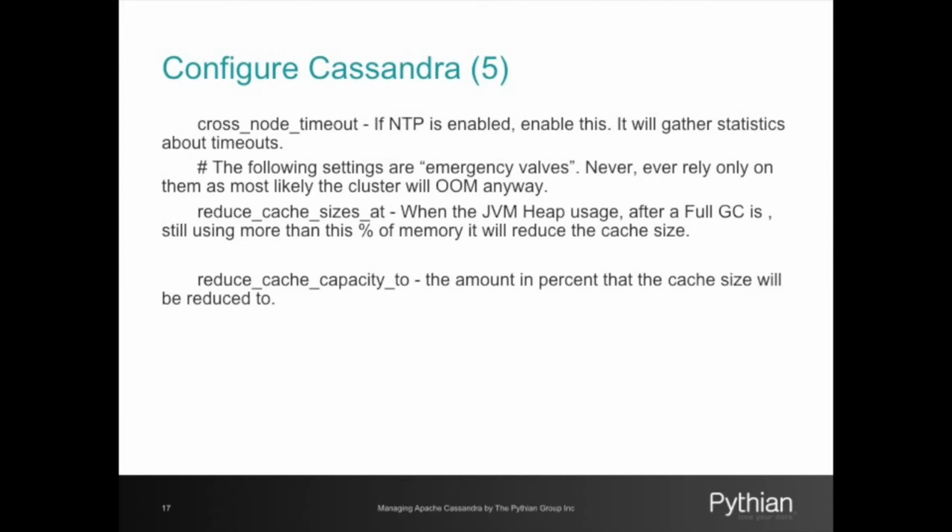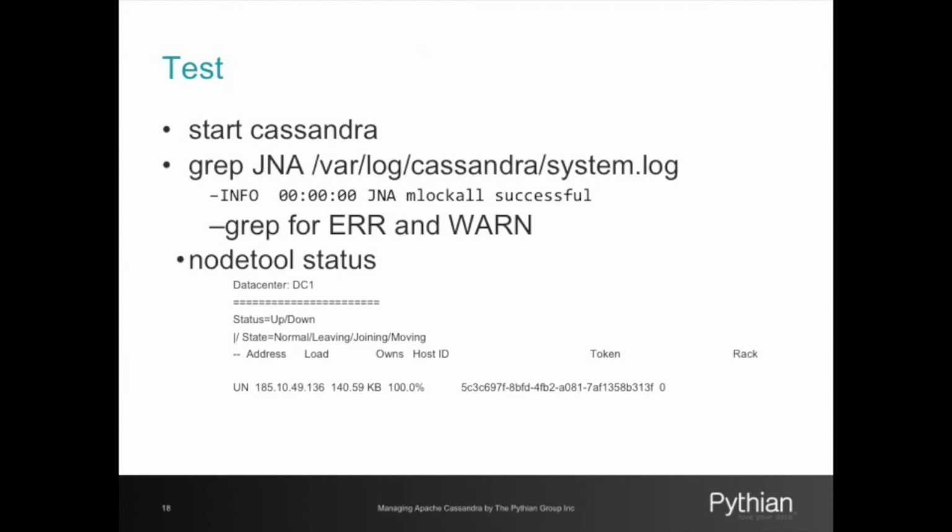You have the reduced cache sizes and the reduced cache capacity, but again, you can leave those on default. The defaults are pretty safe. And if those settings are activated, your log will have information about that, and it should be easily visible that you are hitting these settings. So you installed, you configured, you want to test it.